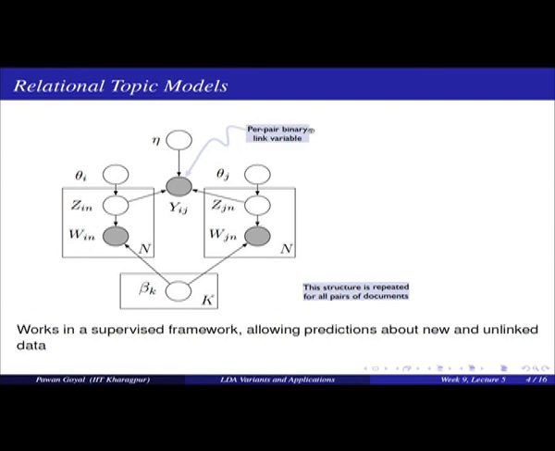So, per pair there is a binary link variable, and this is analogous to what we did in the case of supervised topic models, which is eta times this into this, okay, plus some variance. And so, this can also allow prediction about new and unlinked data.